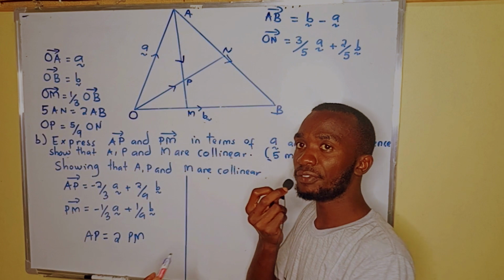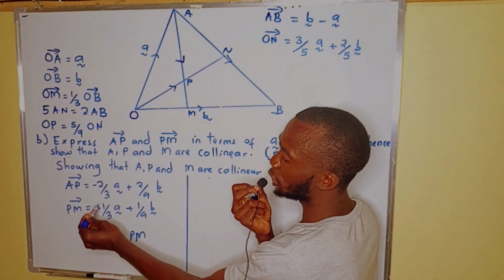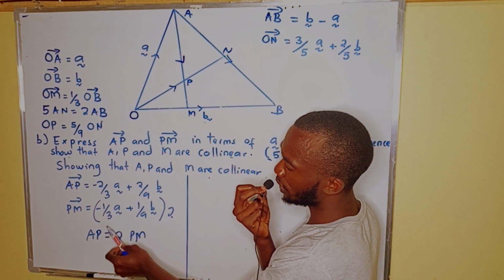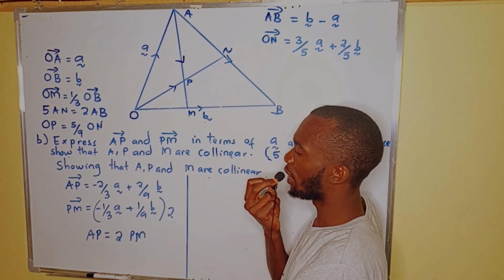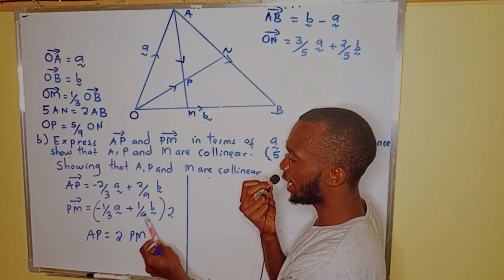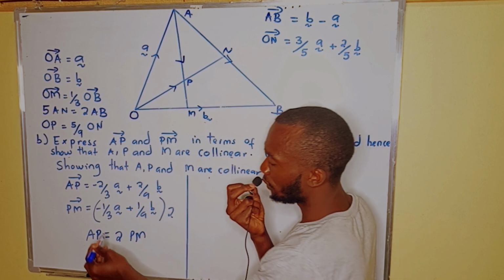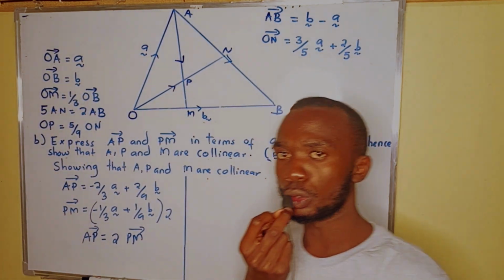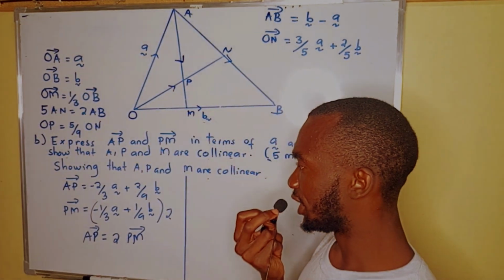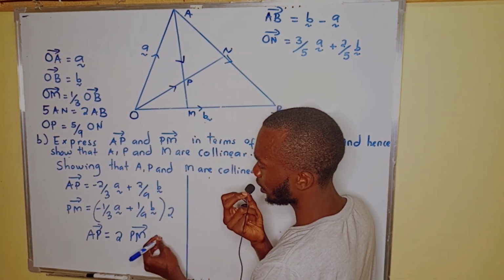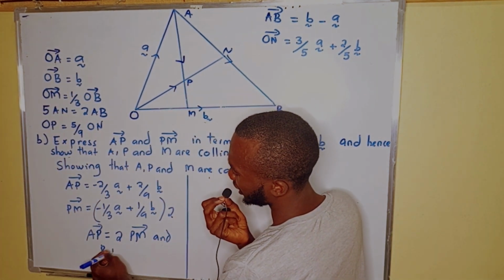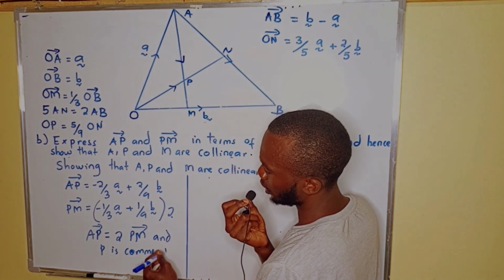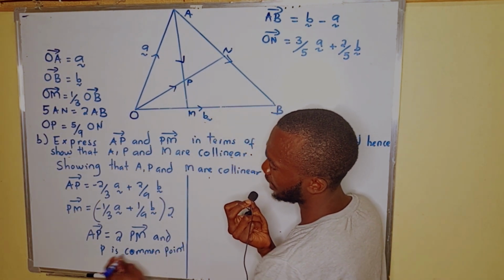Because when you take vector PM and multiply by 2, 2 times negative a third, you get negative 2 over 3 A, plus 1 over 9 B times 2, we get 2 over 9. So vector AP is equal to 2 PM. Hence, these points are collinear. P is a common point. Hence, collinear.